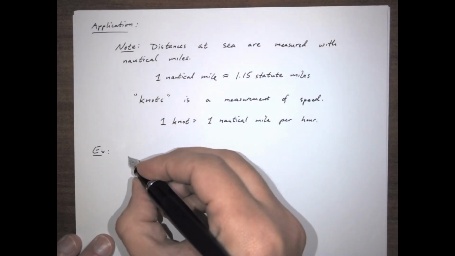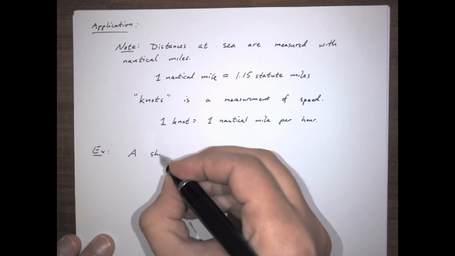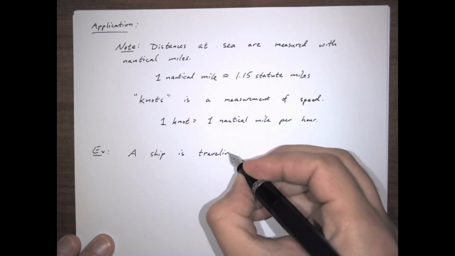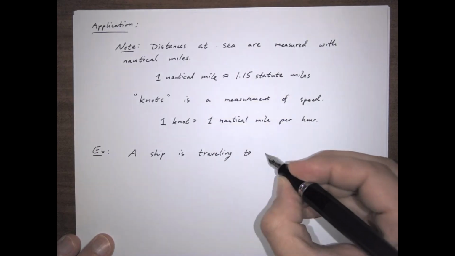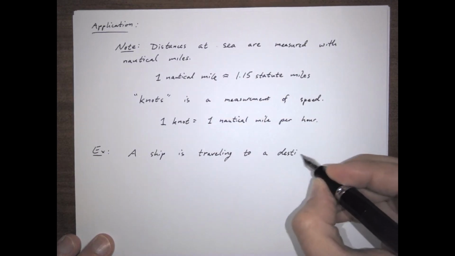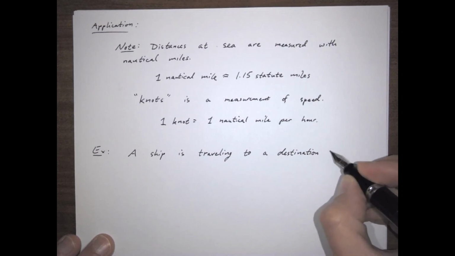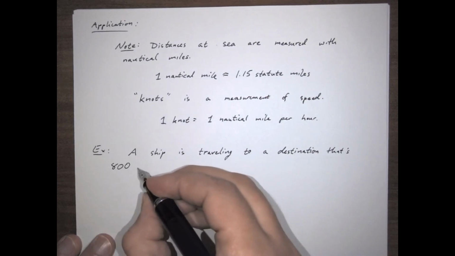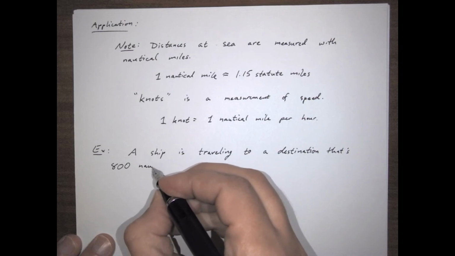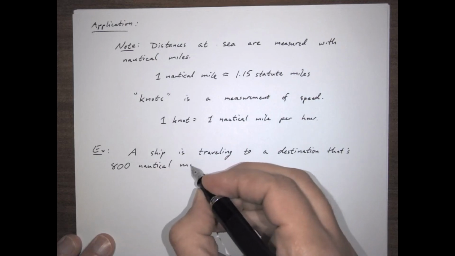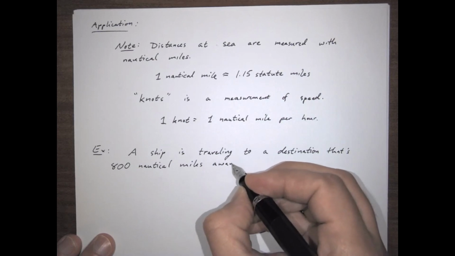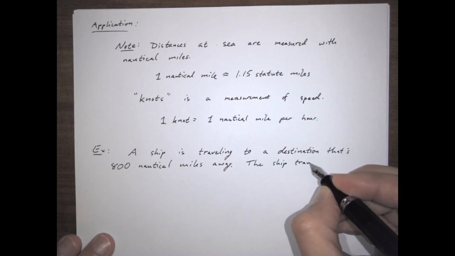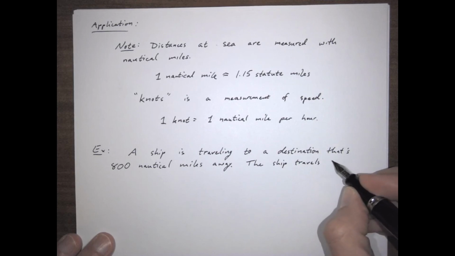So let's say a ship is traveling to a destination that's 800 nautical miles away. Let's say the ship travels 20 knots.